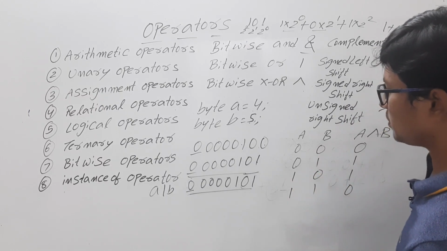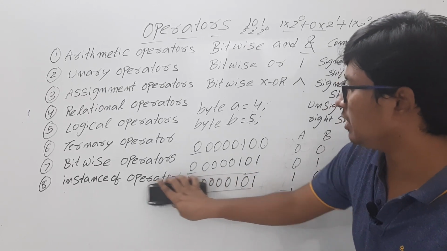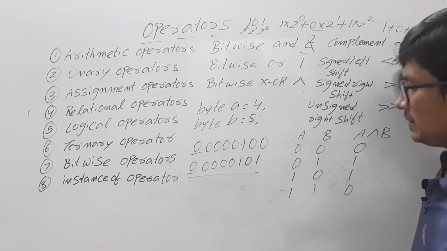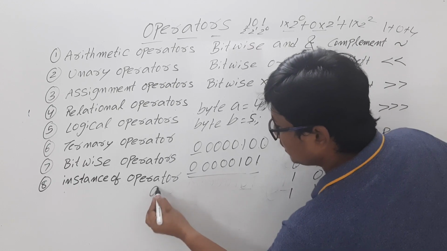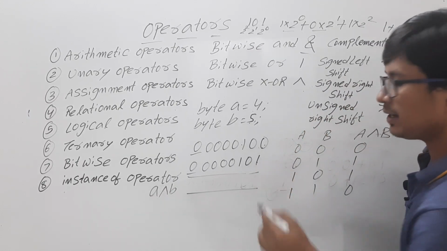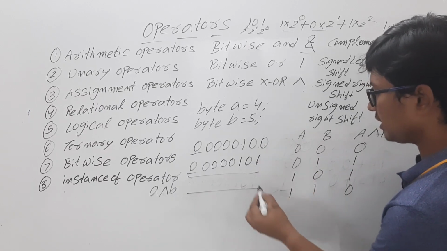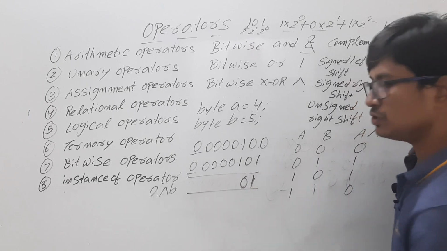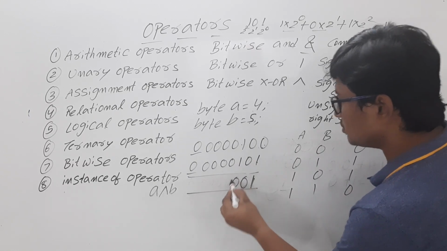So with this explanation, now let me perform the exclusive OR between A and B. A exclusive OR B will be computed as 0 and 1. The inputs are different, then it will produce the output as 1. Both the inputs are same, 0. Both the inputs are same, 0.